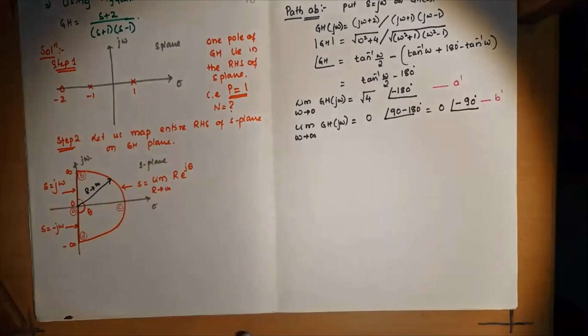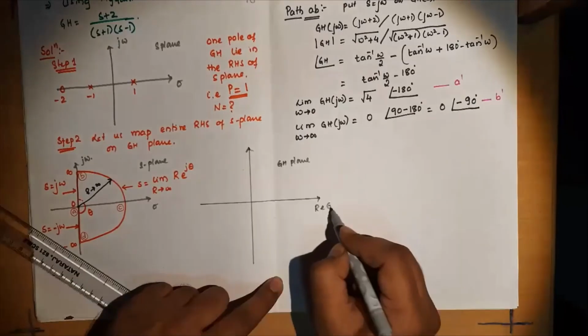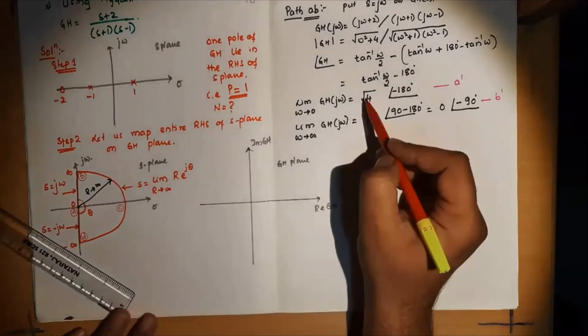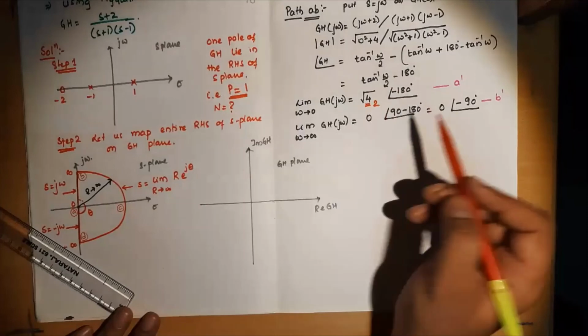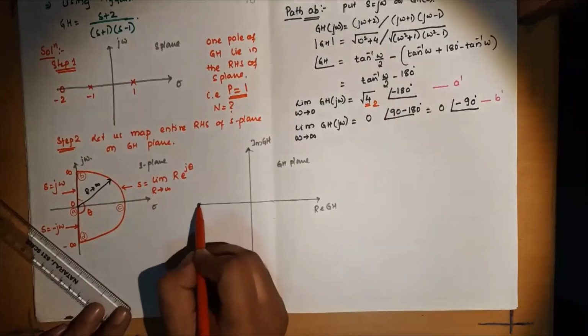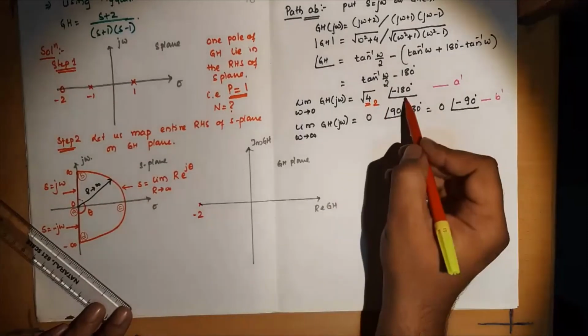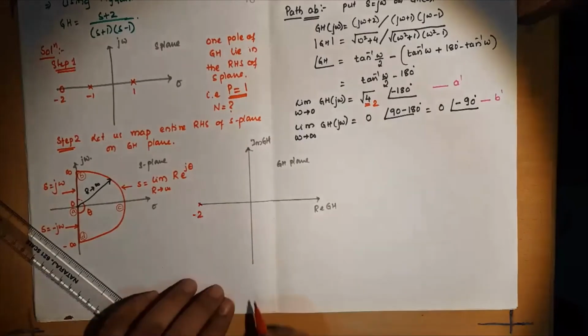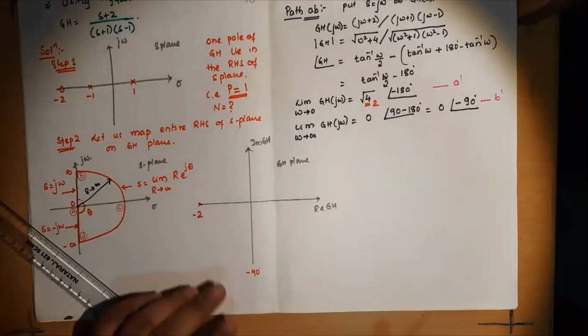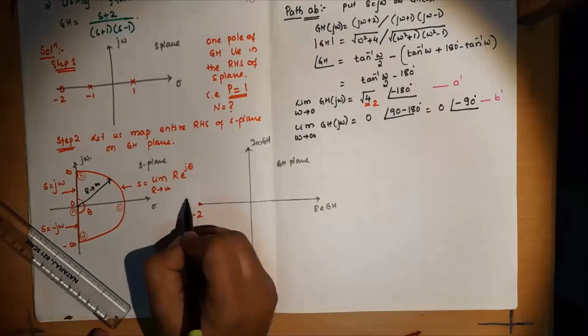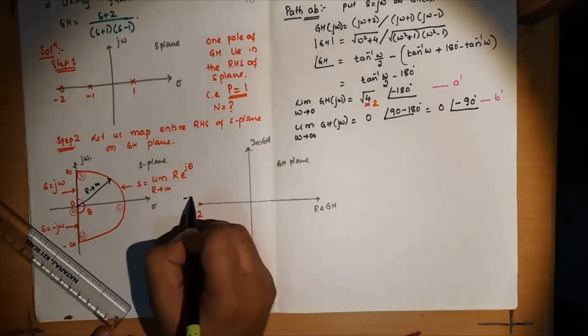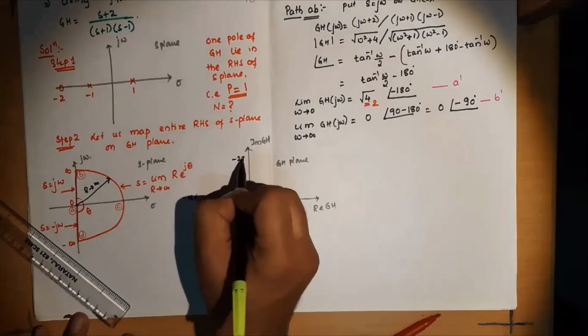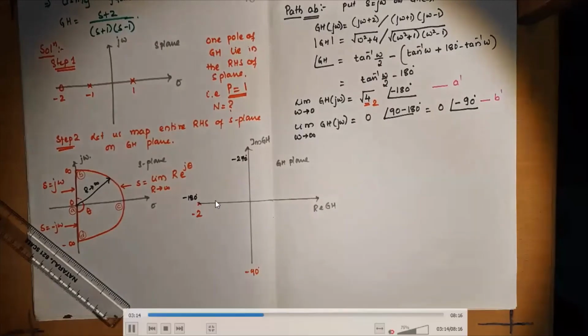So let us see how it looks on the GH plane. The square root of 4 is 2 at an angle of minus 180. So this is minus 2 at an angle of 180. Let me mark the angles also. So A dash is at minus 2.